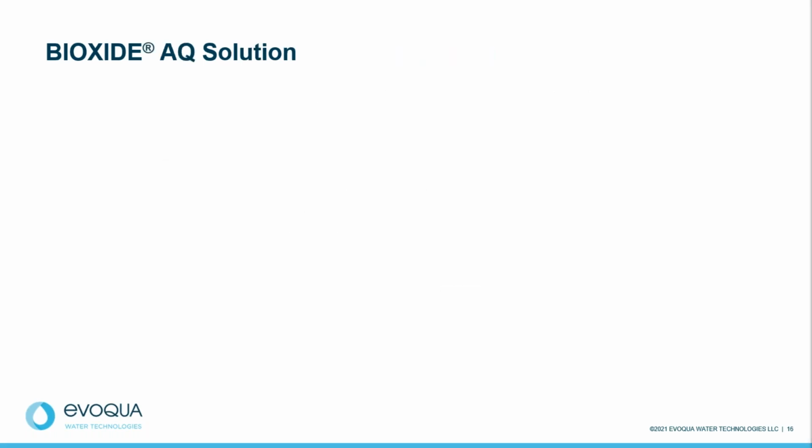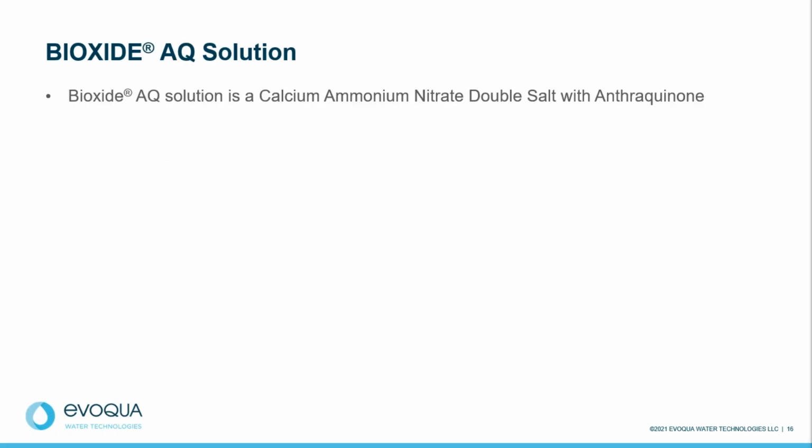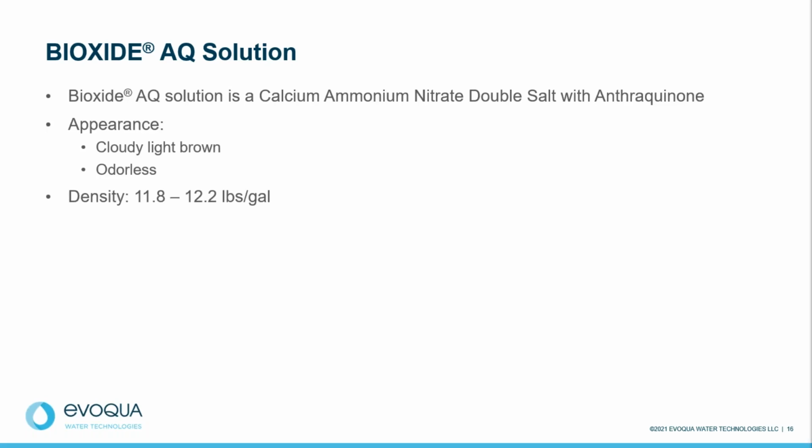The next solution we have here is the BIOXIDE AQ. The BIOXIDE AQ is a calcium ammonium nitrate double salt with anthraquinone, where AQ stands for anthraquinone. Its appearance is a cloudy light brown color, and it's slightly odorless. Its density is 11.8 to 12.2 pounds per gallon.